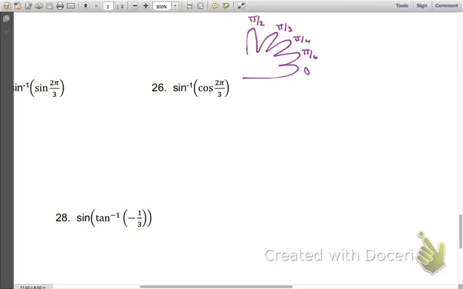Then I had a cosine hand and a sine hand. For the cosine hand, it's going to be 1, square root of 3 over 2, square root of 2 over 2, 1/2, and then 0. Right?